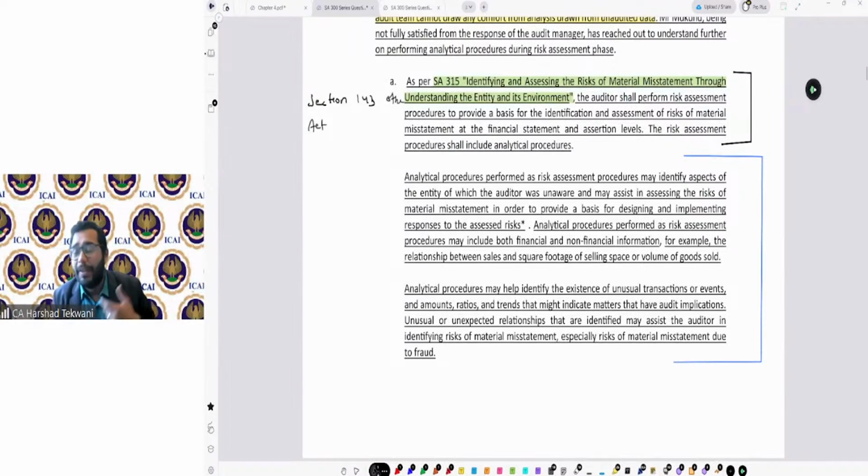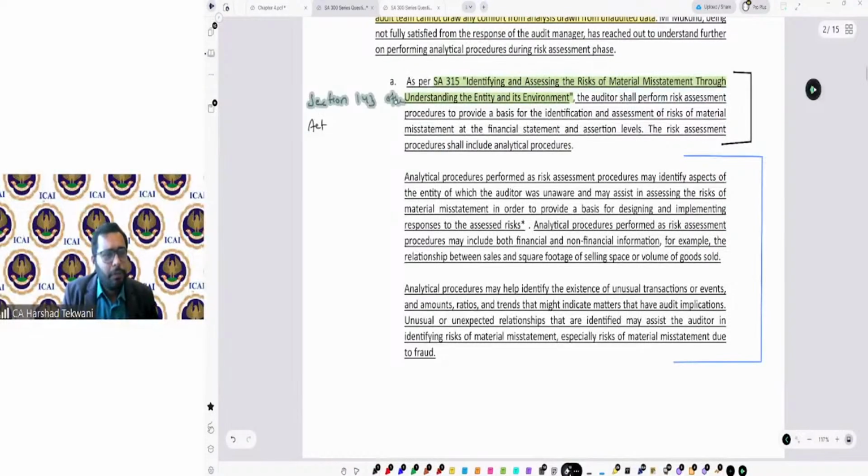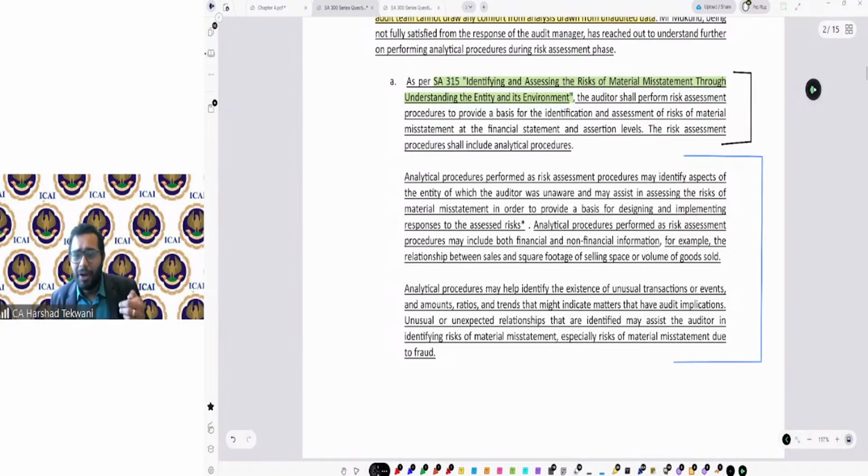But that is an incorrect way to write. Whenever you are quoting any provision, you need to start with the clause, subsection, or something like that. Or you can write in a combined way a section number.